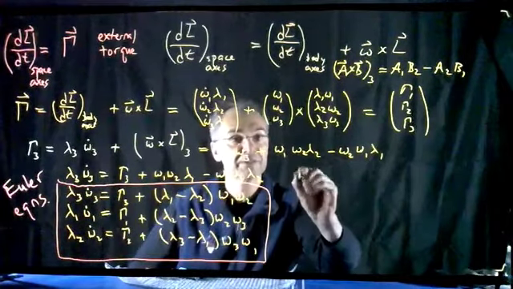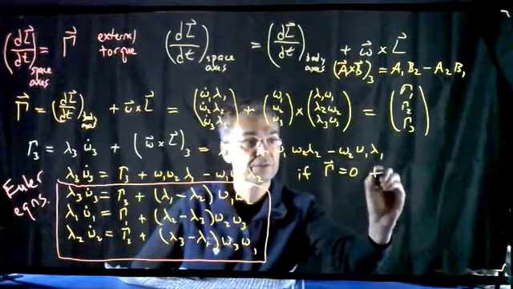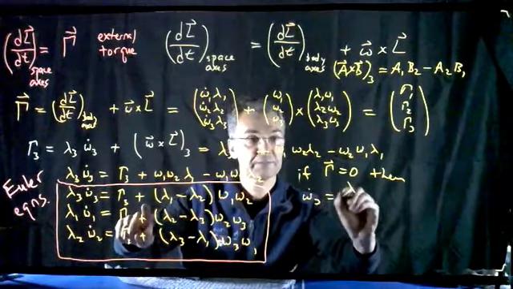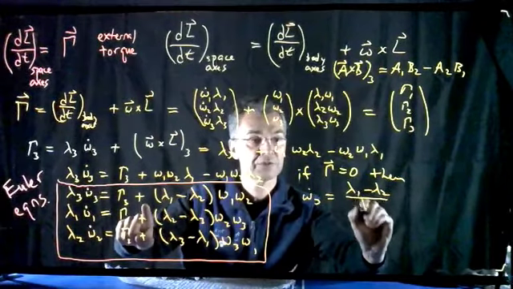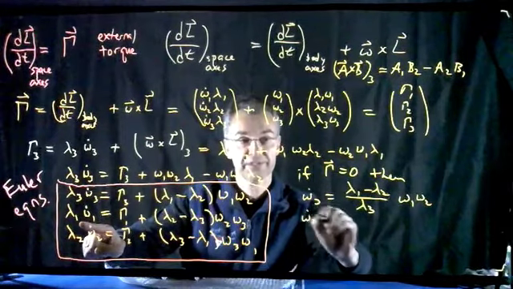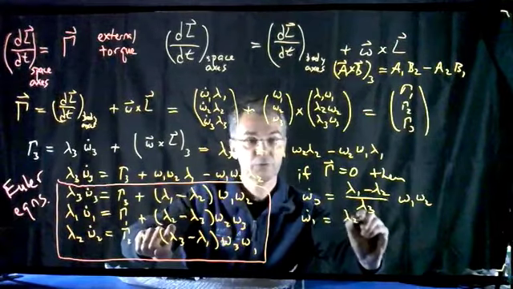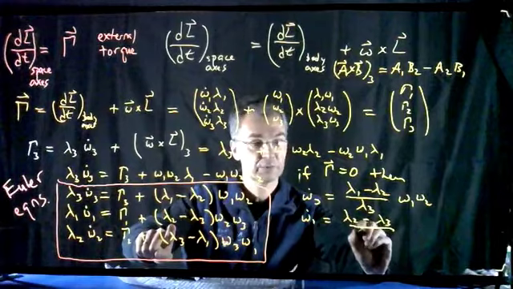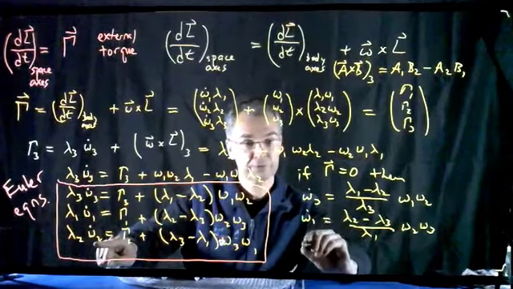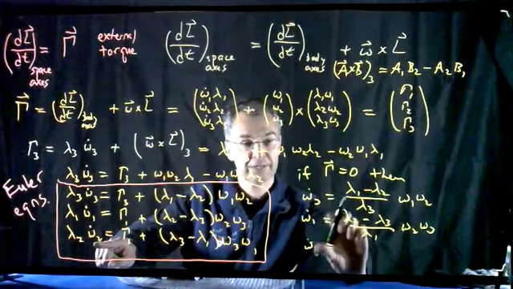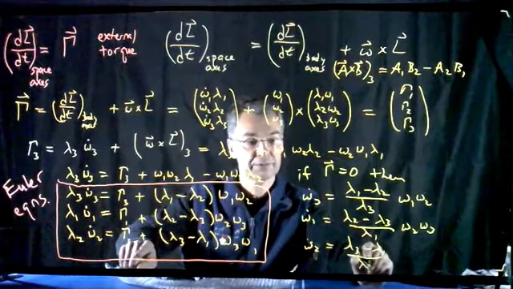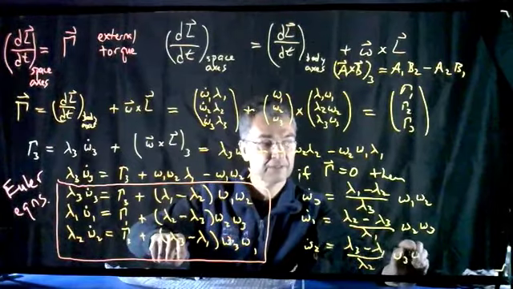If the torque is 0, then we have omega 3 dot equals lambda 1 minus lambda 2 over lambda 3, omega 1, omega 2, and omega 1 dot equals lambda 2 minus lambda 3 over lambda 1, omega 2, omega 3, and omega 2 dot is lambda 3 minus lambda 1 over lambda 2, omega 3, omega 1.